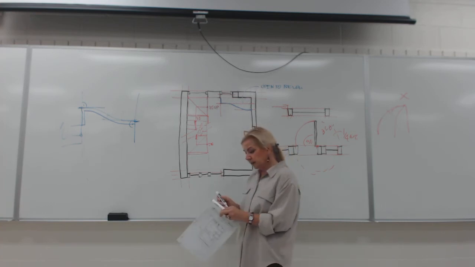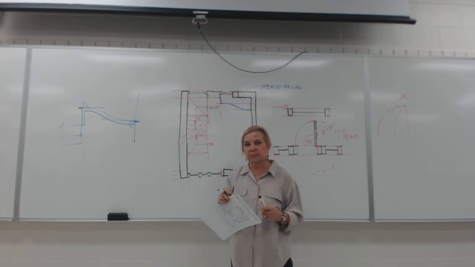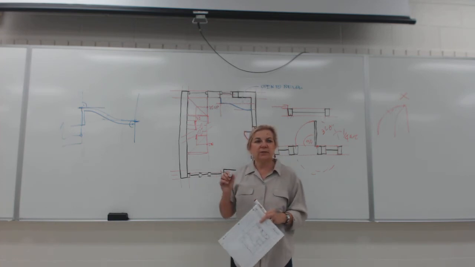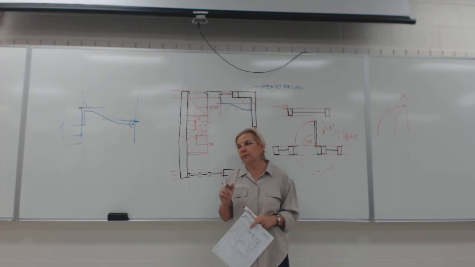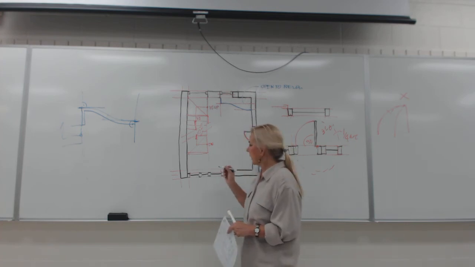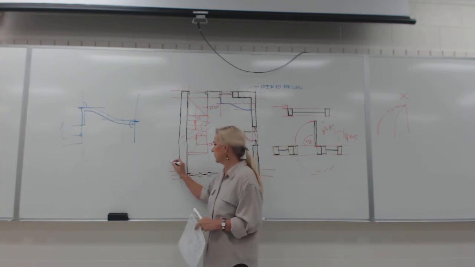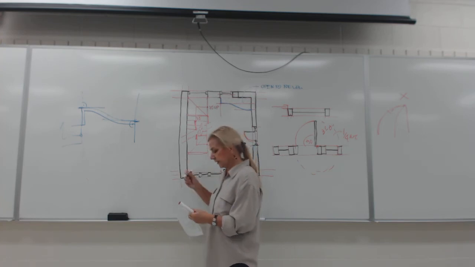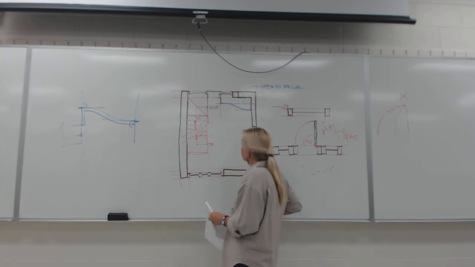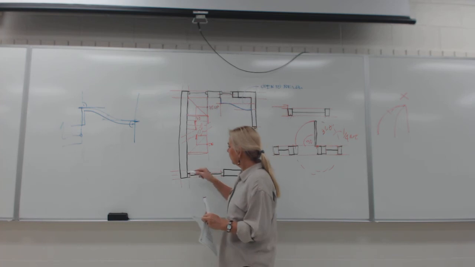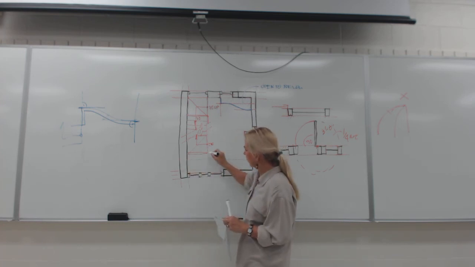Dimensions, ladies and gentlemen, we did talk about dimensioning techniques. For this project, you are allowed to use ticks versus dimensions. So we're going to do medium lines. Blue. Let's go with blue. We need to talk about dimensions per se.